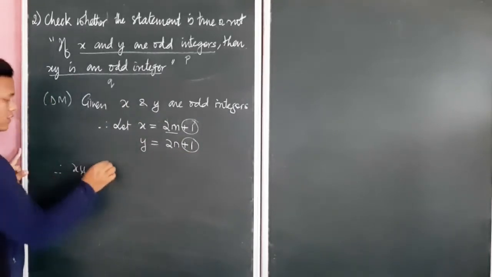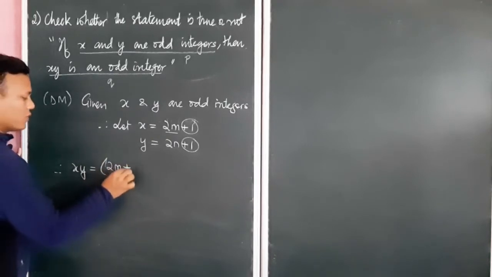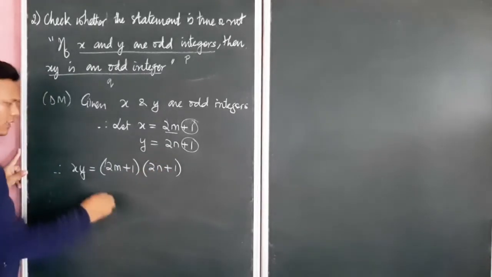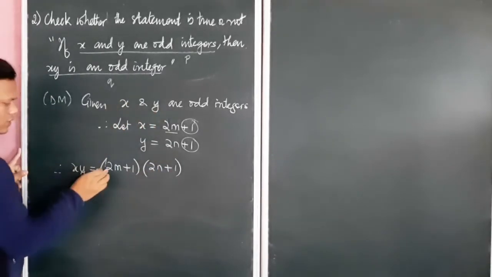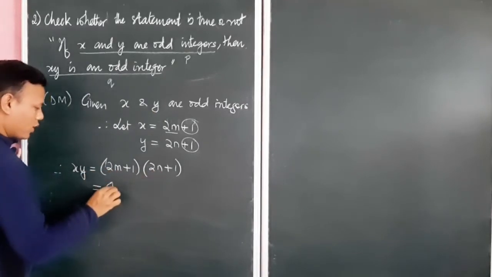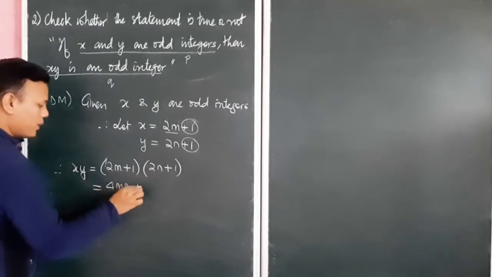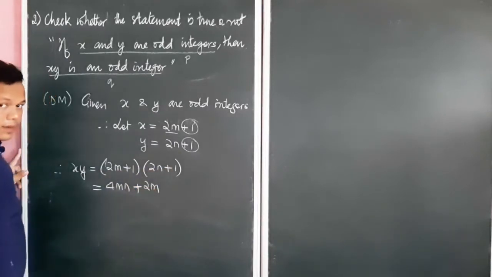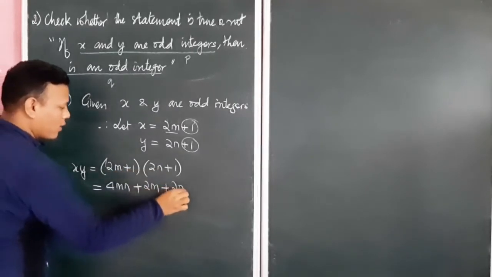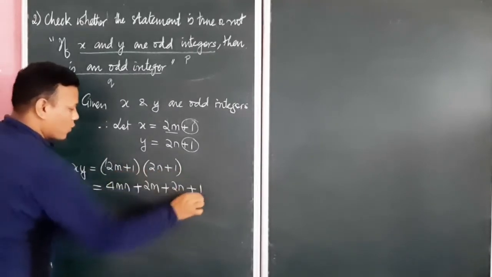What is x? X is equal to 2m plus 1, into y. Y is 2n plus 1. Let us multiply. After multiplication we see that 2m into 2n is 4mn, plus 2m into 1 is 2m, plus 1 into 2n is 2n, plus 1 into 1 is 1.